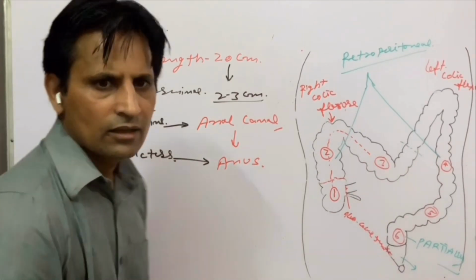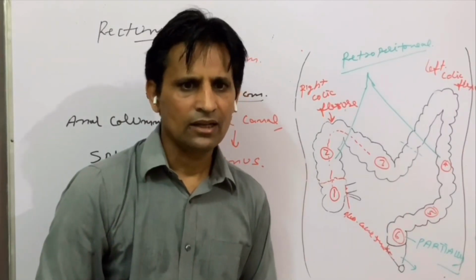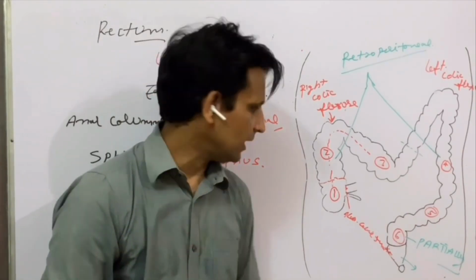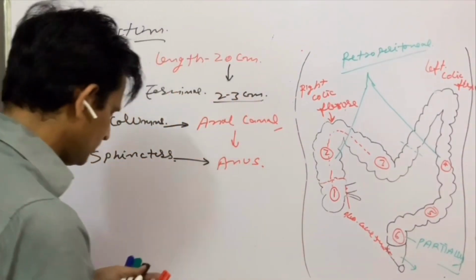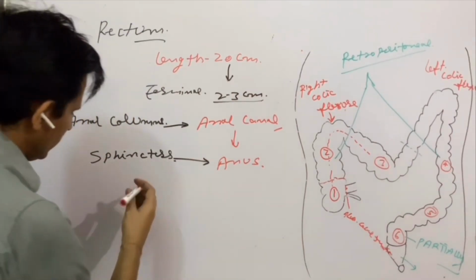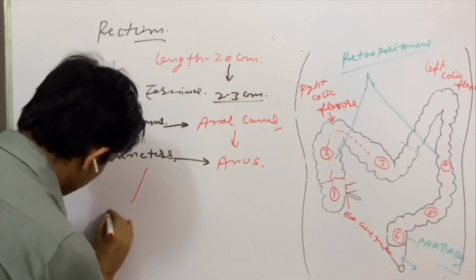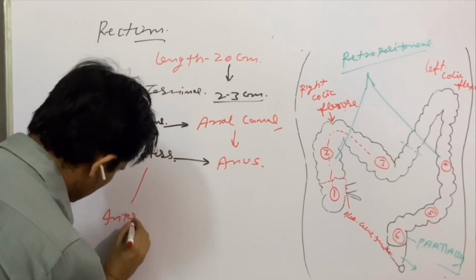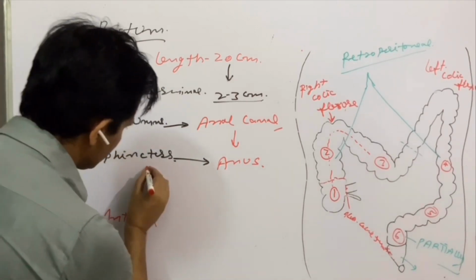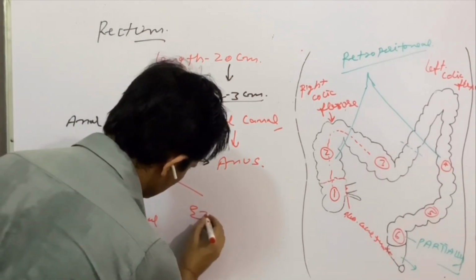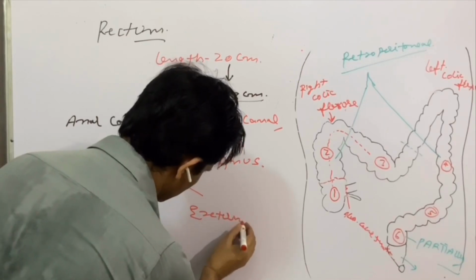One is the internal sphincter and the second one is the external sphincter.